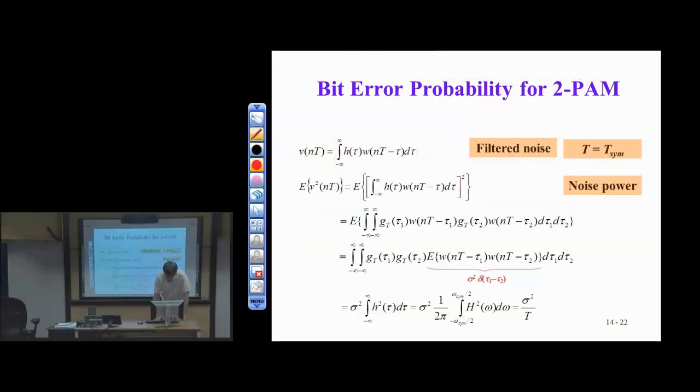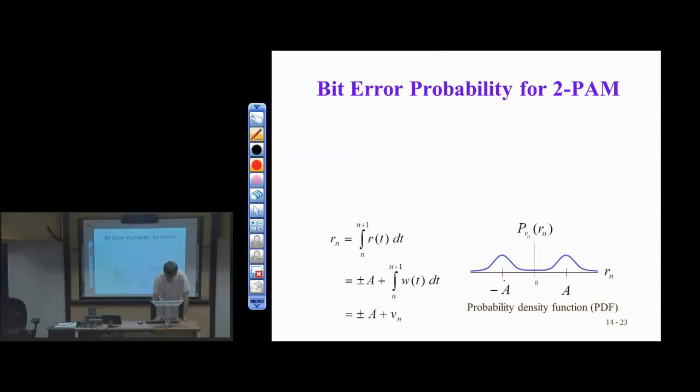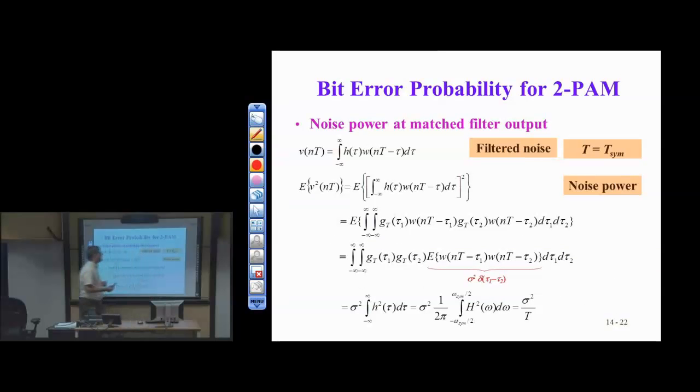Okay, this is a derivation which I'm not going to go over, but I will give you the result. The result here is that if I have a Gaussian random process as an input to a low-pass filter, the change in the variance is scaled by 1 over the symbol time, which is equivalent to scaling it by the symbol rate.